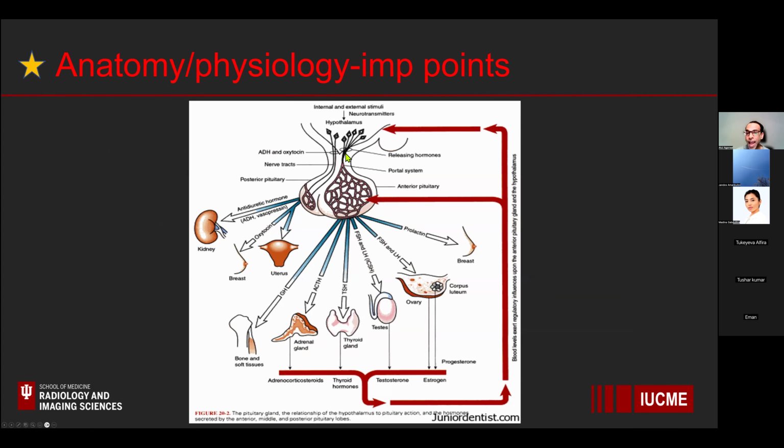Please note that the adenohypophysis has the portal system, and that is how the hormones are delivered to the anterior pituitary. In contrast, the posterior gland has nerve tracts, and those lipophilic proteins have to bring those hormones down to the dorsal gland, the posterior gland.